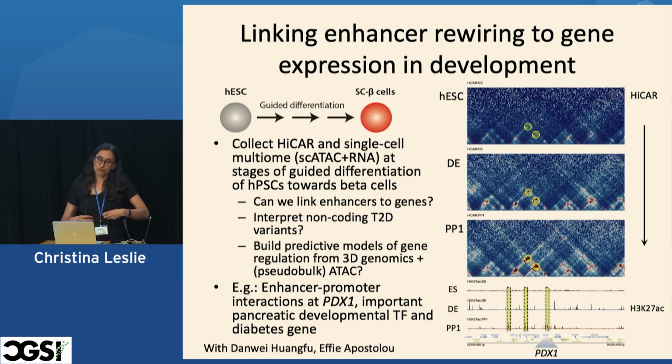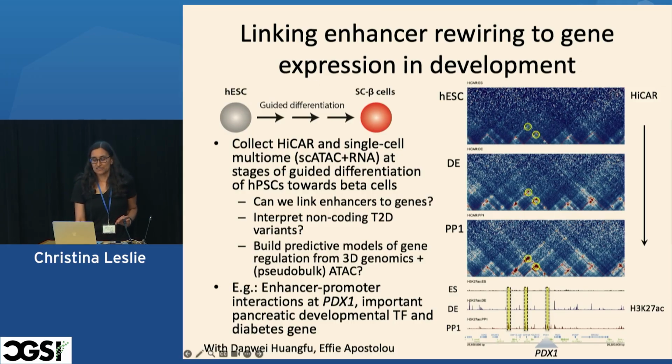Okay, so that will give us single-cell expression and single-cell chromatin accessibility. And can we link enhancers to genes? Can we interpret the cell type specific effects of type 2 diabetes fine-mapped variants? And can we build predictive models of gene regulation from this data? Okay, and here's just an example.